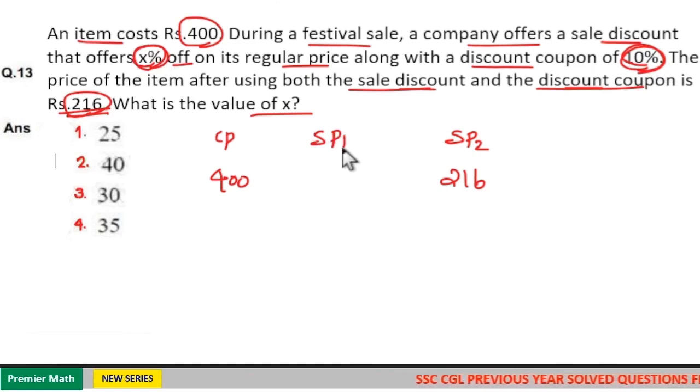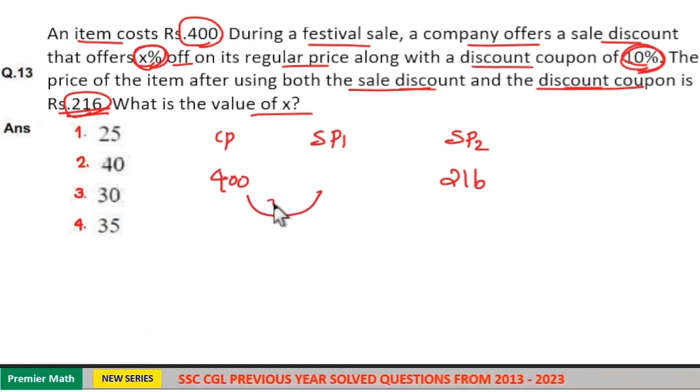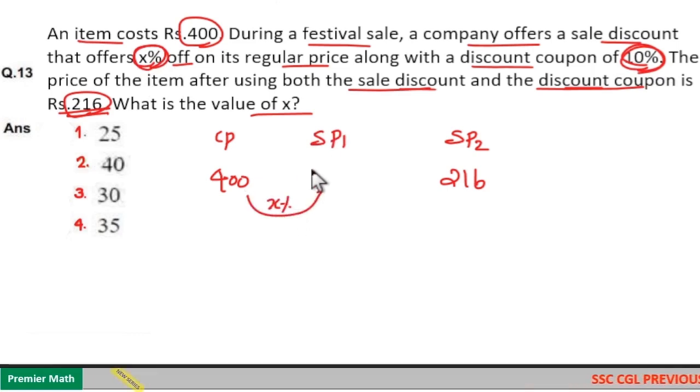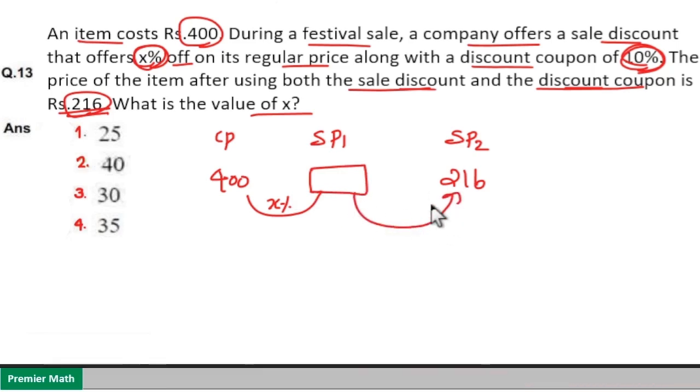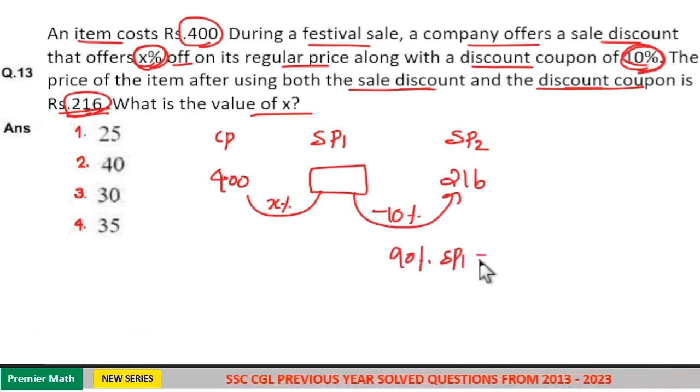So here SP1 means X% discount on 400 and SP2 means 10% discount on SP1. Now, which means here 10% discount leads to this 216 rupees means 90% of SP1 is equal to 216.